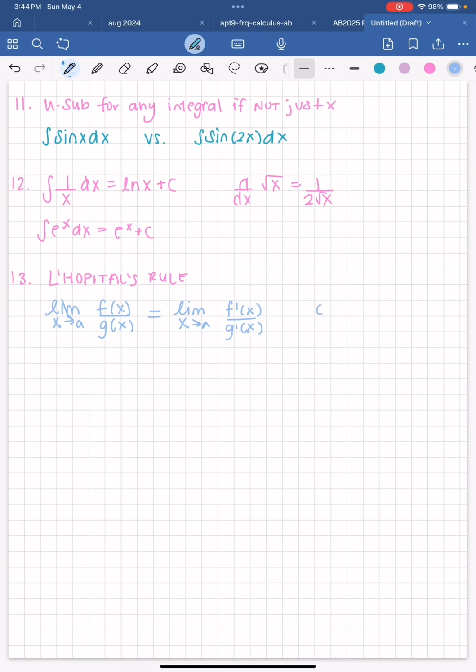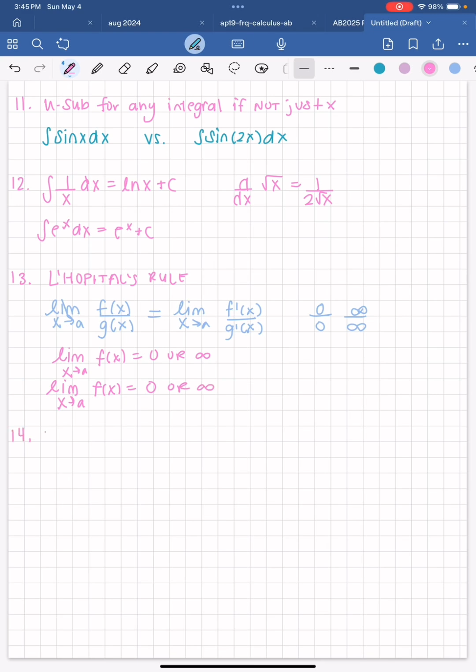And we're responsible for 0 over 0 and infinity over infinity. And you need to show the limit of the numerator equals 0 or infinity and the limit of the denominator to get full credit. I know it's annoying, but it is what it is. Just suck it up, buttercup.